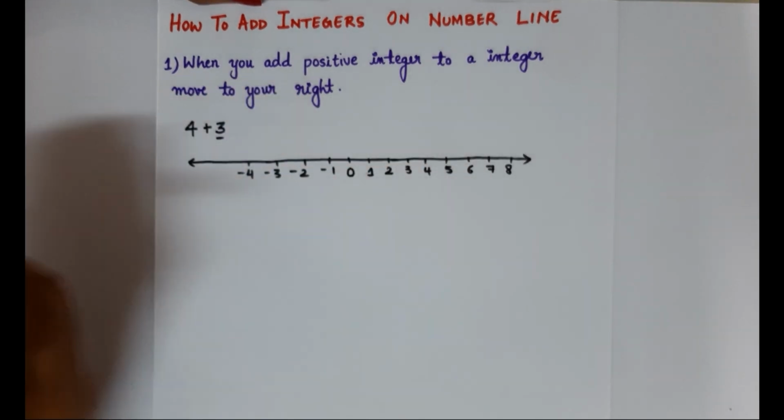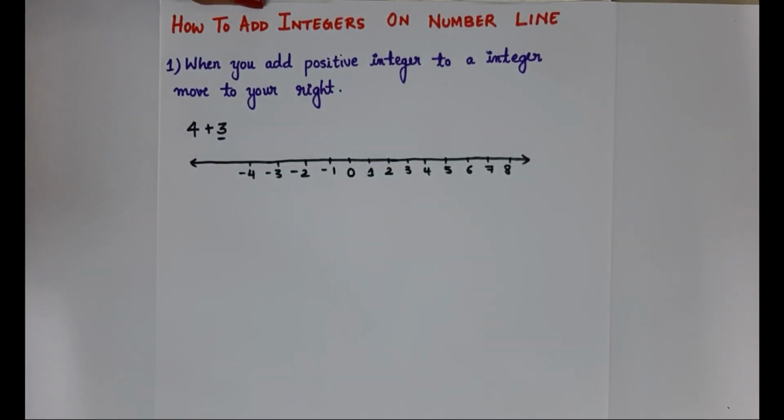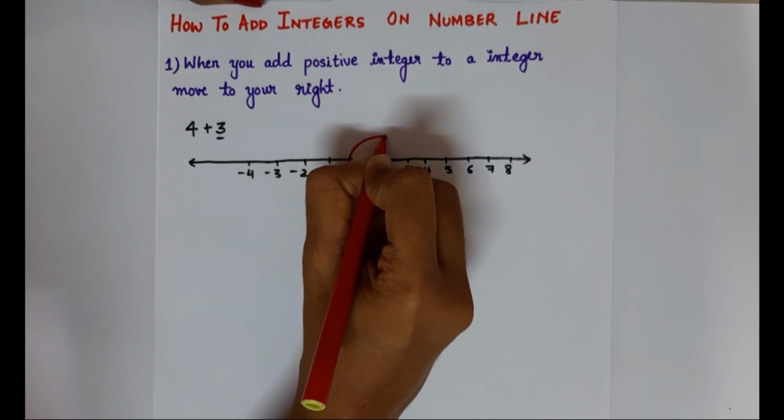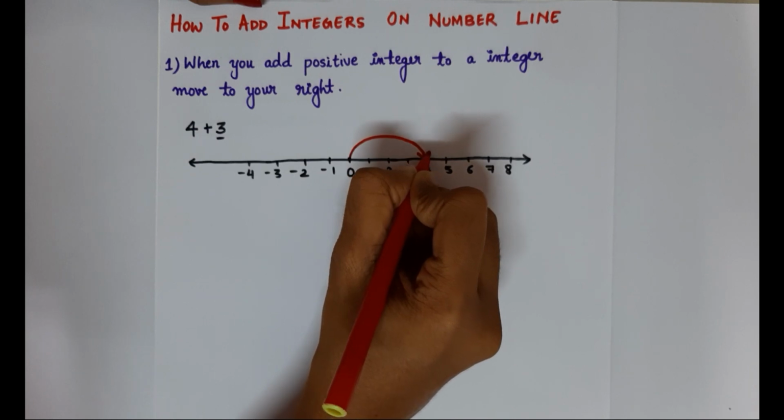So first, from 0, where are we supposed to go? We have to go to +4. So from 0, I go to plus 4.